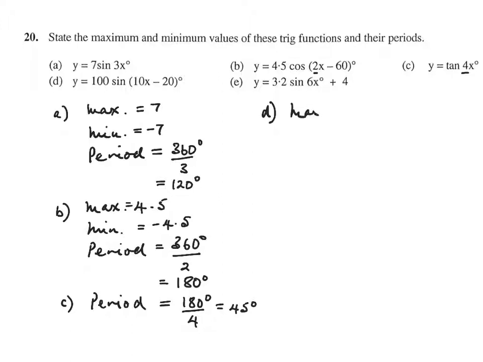The maximum is 100. The minimum is -100. And the period of sine is normally 360 degrees, but this one has 10 cycles. So it's 36 degrees.